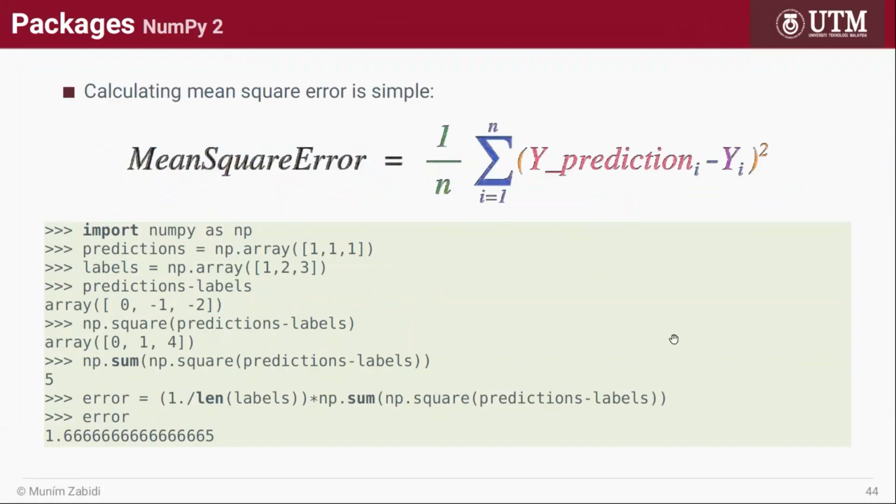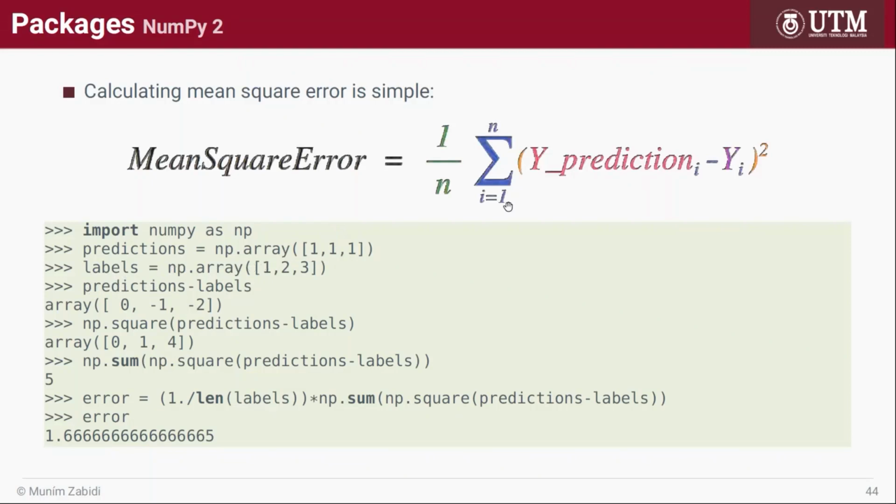You can see this equation here. In this example, the mean square error is used a lot in machine learning, where you have a prediction and you have the actual value. The actual value we call the label, and the prediction is the one that we are trying to converge.